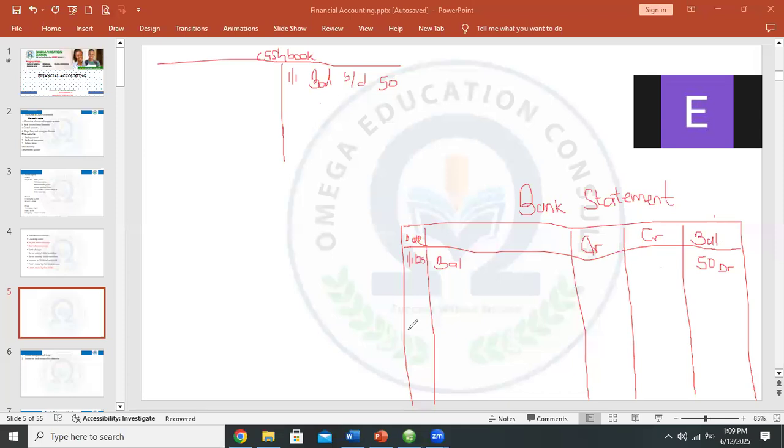You see the 50 cedis and you do not see debit attached to it, but you see something like O/D, telling you that it's an overdraft.